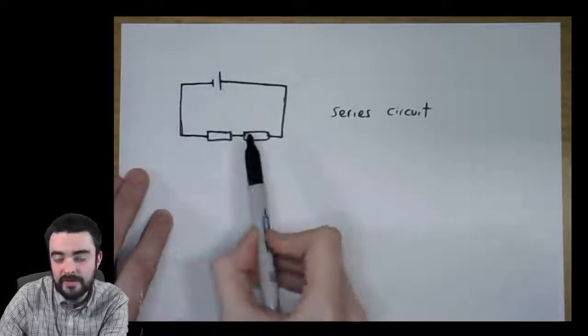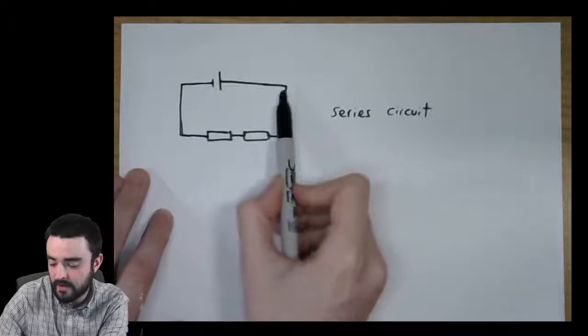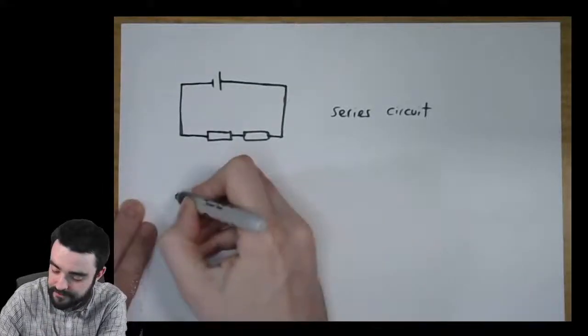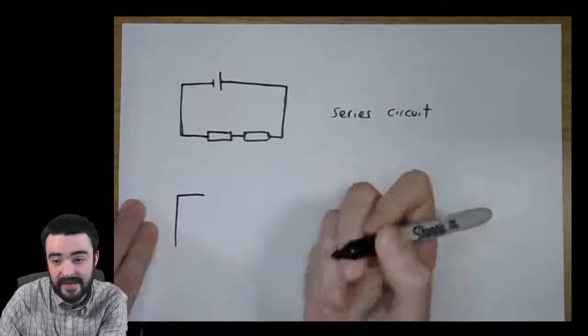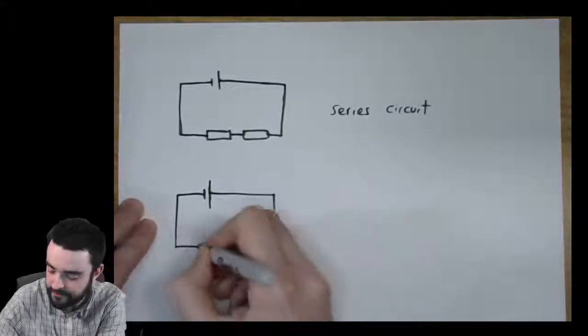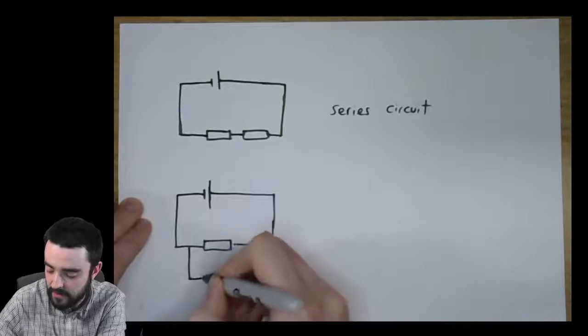Everything comes one after the other, they're all connected up together, and we can trace around without having to leave the page. Now, parallel circuits, or if something is in parallel, they look a little bit different. So now I'm going to connect my two resistors up in parallel with each other.